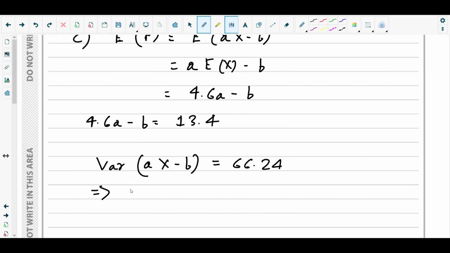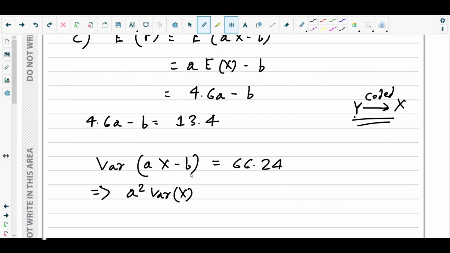Only for multiplication the variance gets changed by the square of the multiple. So that means a squared times the variance of x. Y is basically a coded data of x. For coding, if you multiply the data values by a constant, the variance gets changed by the square of the multiple. So this equals 66.24.